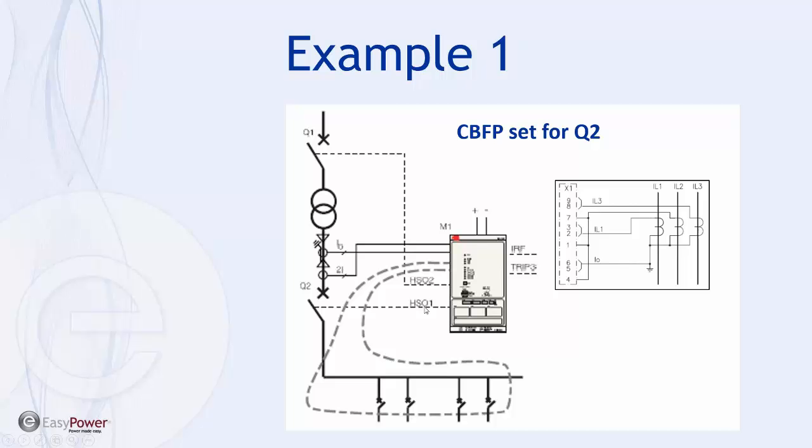And so if we have an arcing fault, we'll detect light, we'll detect current, and the high-speed output 1 will operate in less than 2.5 milliseconds, a fraction of a cycle, and issue a trip to Q2. If you have a successful trip, then there should be minimal damage. If personnel are exposed, they should be safe, and then you can go ahead and close back in Q2 and restore service.